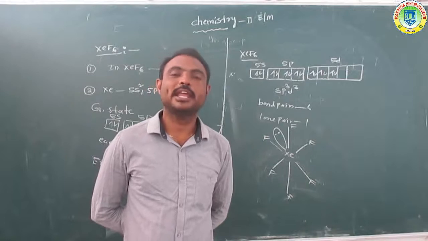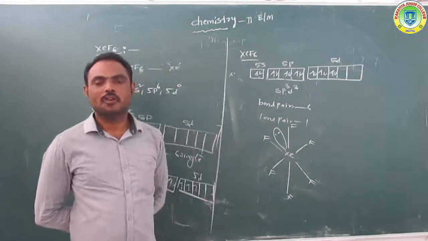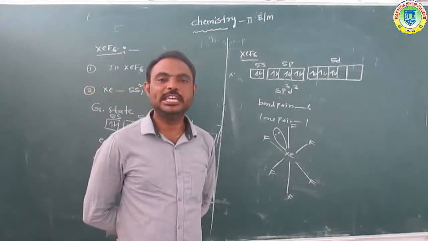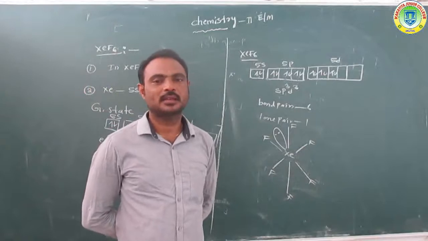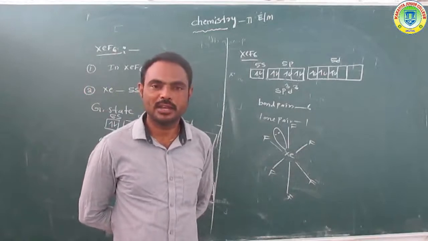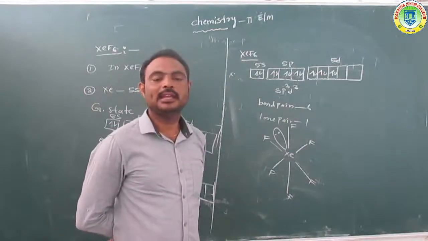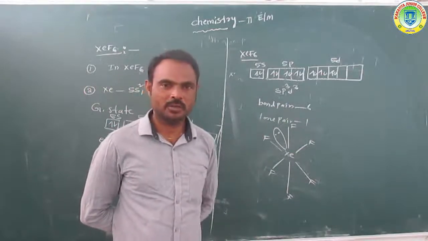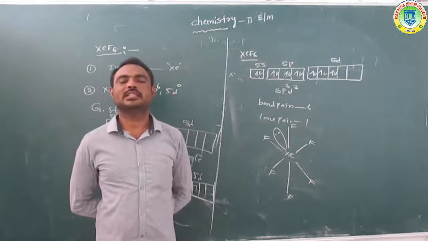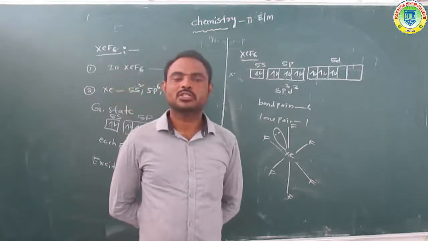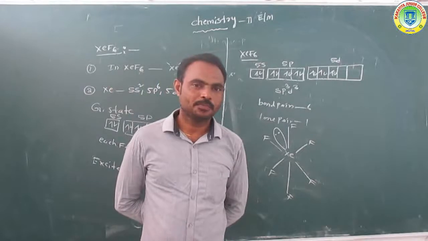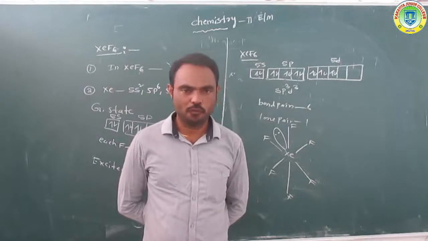Square planar structure. What is the structure of XeF6? Distorted octahedral structure. What is the hybridization? sp3d3 hybridization. Okay, in the further class we will discuss the structure of XeO3 and the structure of XeOF4.